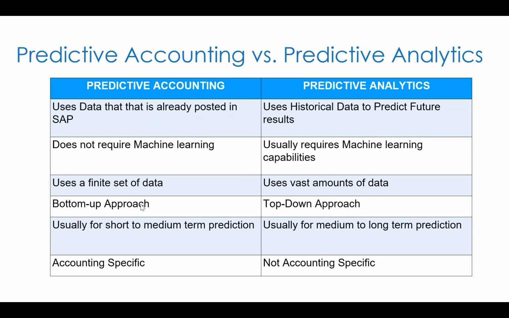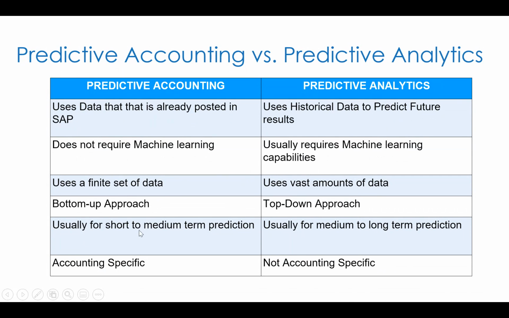So it's bottom-up: more granular to less granular, or more certain to less certain. While predictive analytics is more top-down. Again, it uses big data, which in itself doesn't make any sense, and you try to whittle that down and make sense of it so it applies to something more finite. So that's top-down.